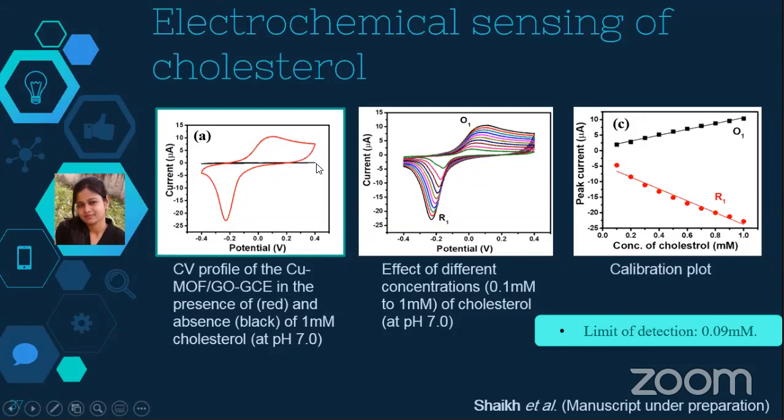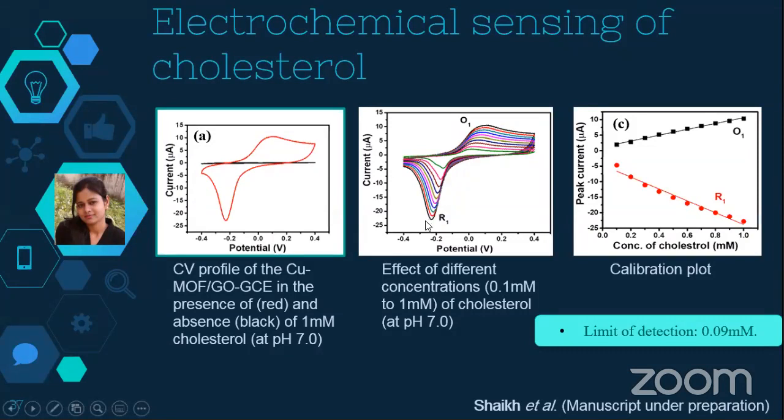But as soon as you add cholesterol to this modified electrode, you can see a complete enhancement in the peak, displayed in red color, which shows that quite an enhancement in the current is observed. This means that our copper MOF graphene oxide composite is sensing cholesterol very strongly.